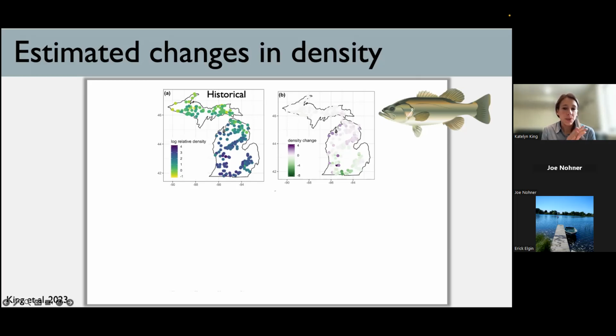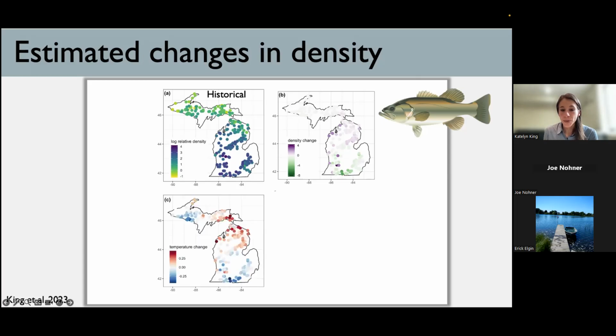So this makes sense because of the positive relationship between temperature and density. We know that temperature is going to have a really big influence on where we're seeing those increases or decreases in density from the historical to the contemporary time period. So if we look at the actual change in temperature from the historical to the contemporary time period, it's really different across the state.